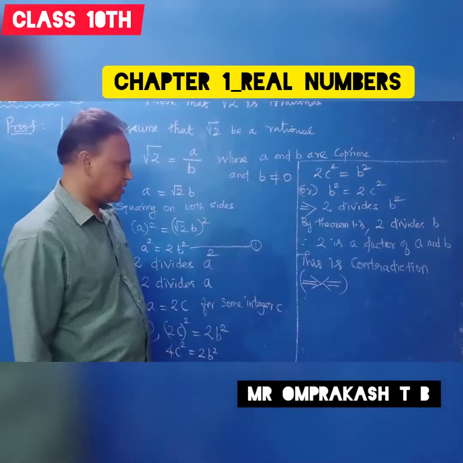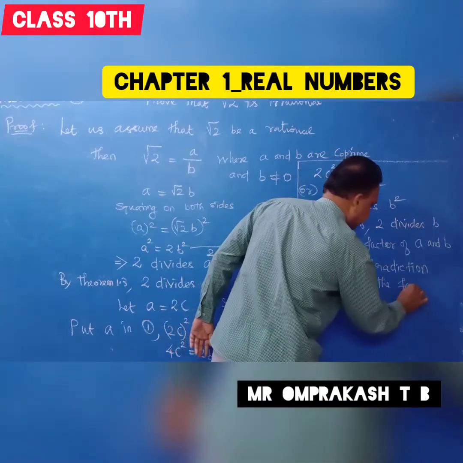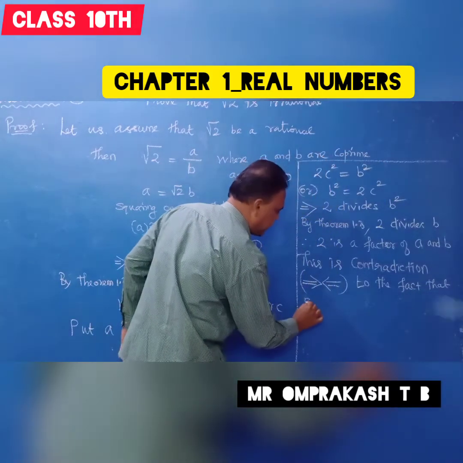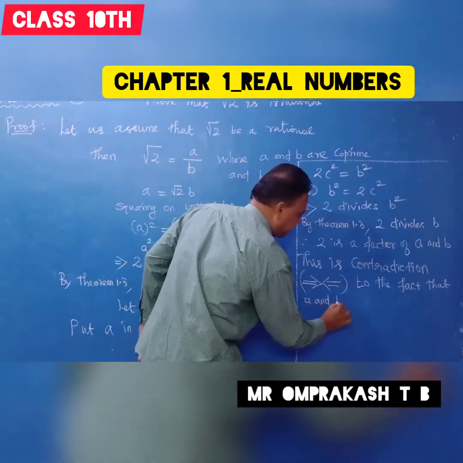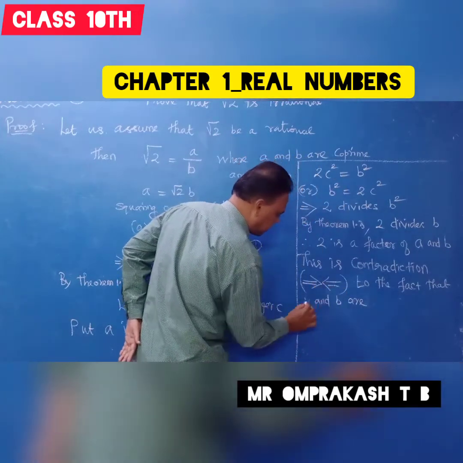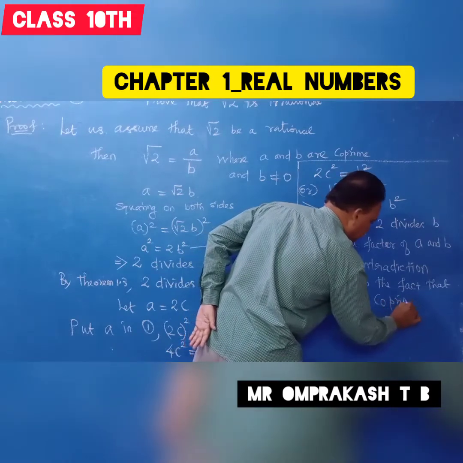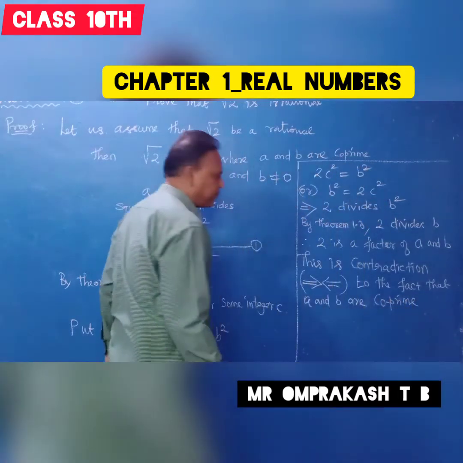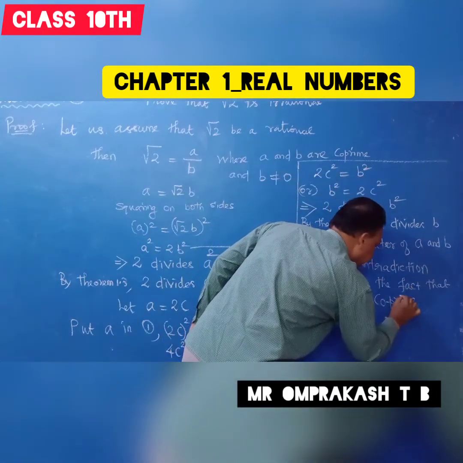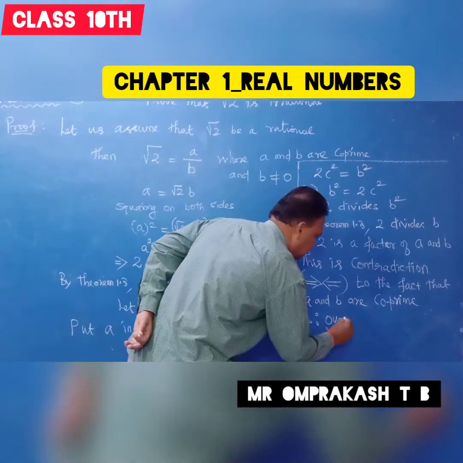This is a contradiction to the fact that a and b are co-prime. Clear? a and b are co-prime. Our assumption is wrong.